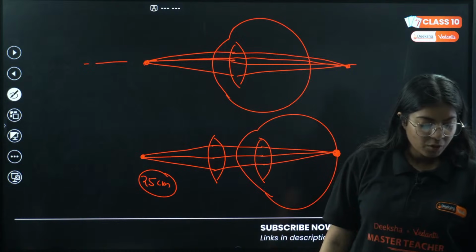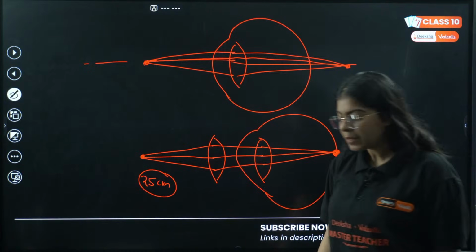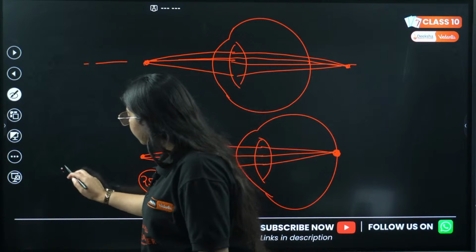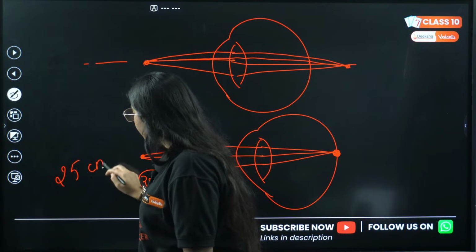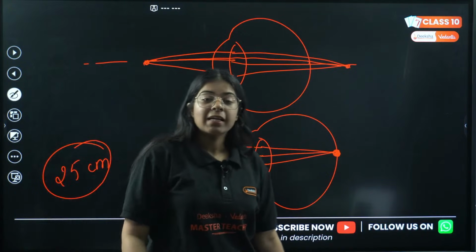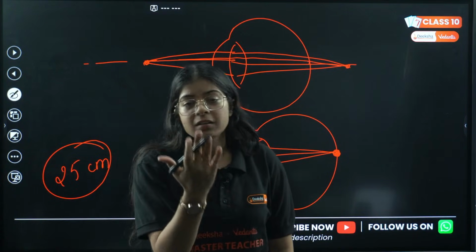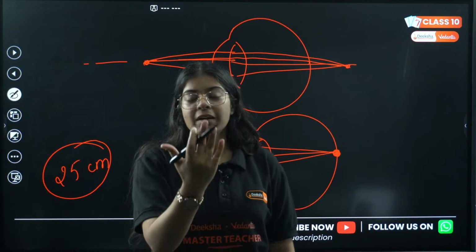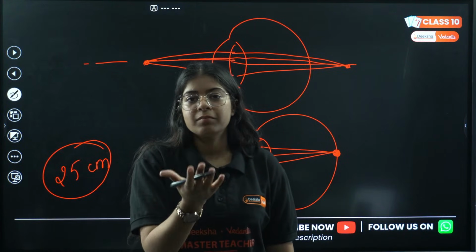That is far point. Okay, so near point of eye is what? 25 centimeter. A normal human eye which does not have any defect can see near till 25 centimeter.